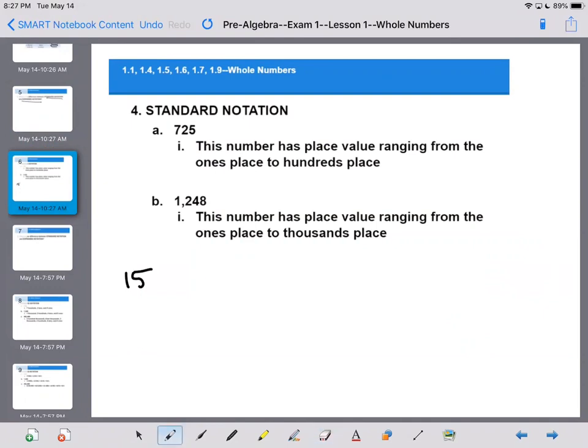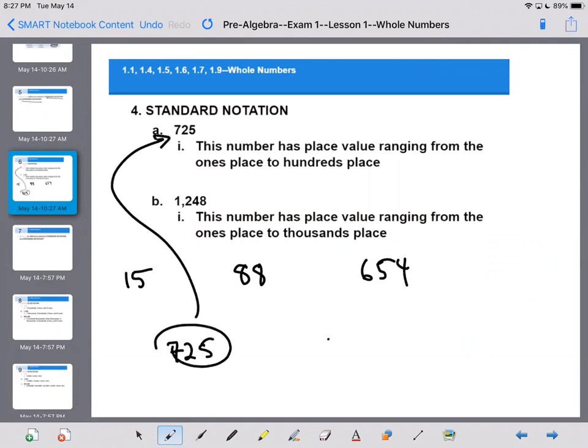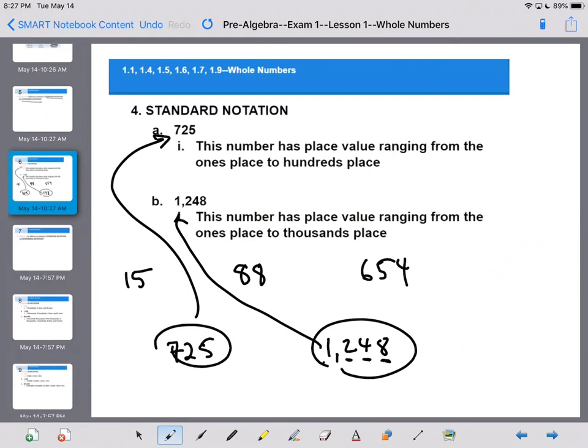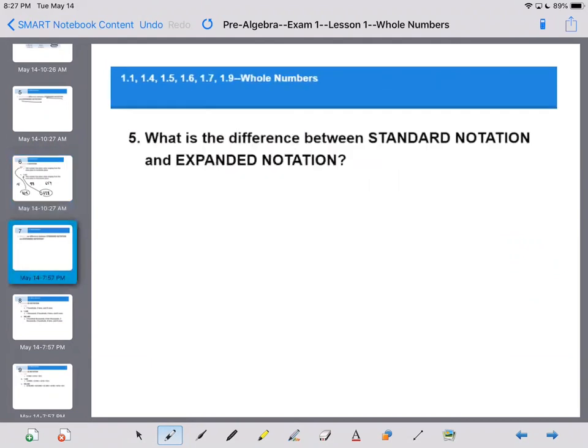If we have the number 88, that number is written in standard notation. 654, that number is in standard notation. 725, like we see here. 1,248, as we see here. So this 8 is in the ones, tens, hundreds, thousands. So that is your standard notation.